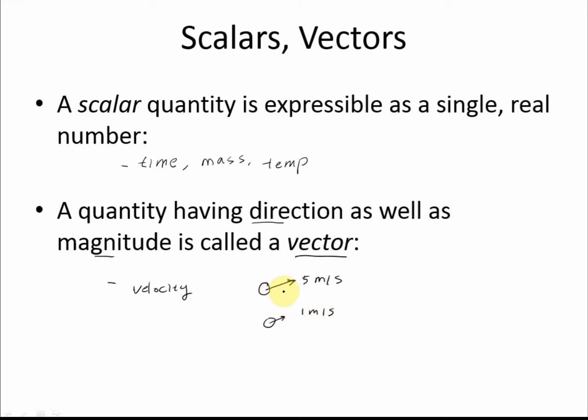So velocity can be represented by a vector, and also force, right? And later we are going to talk about the moment or torque, which is also a vector. So vector operations are very important in the solution of dynamical problems.